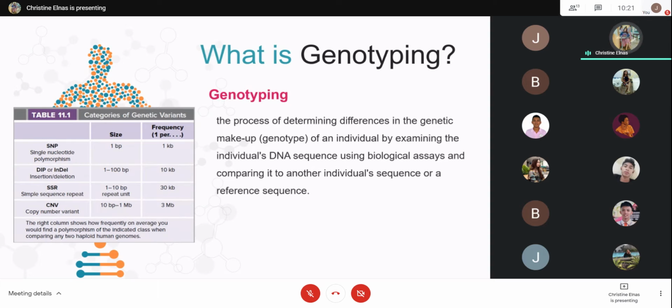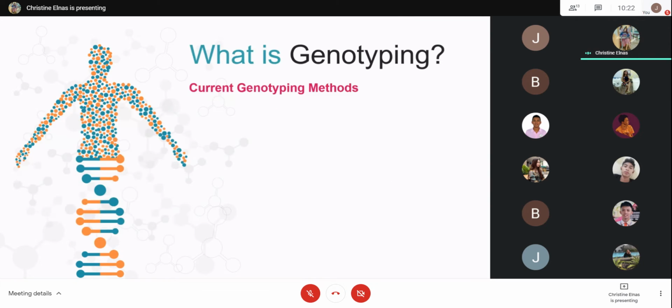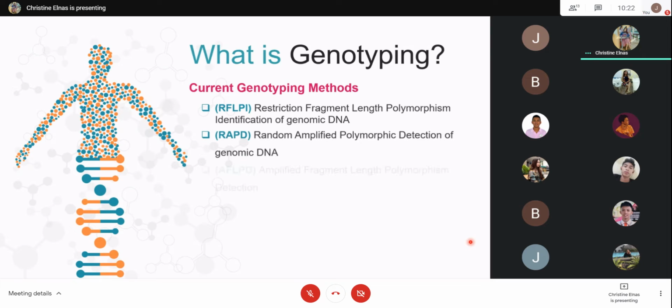Genotyping can be performed through a variety of different methods depending on the variance of interest or the resources available.